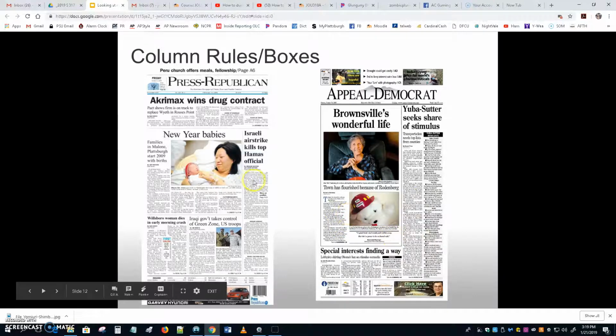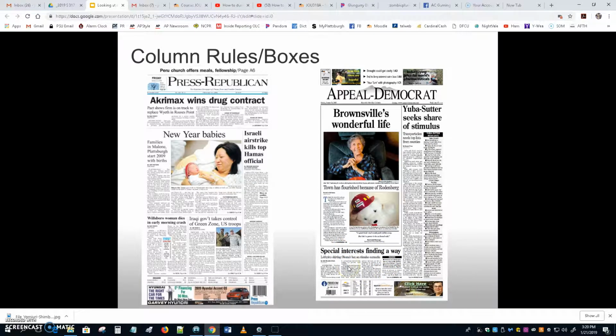In either case, we have modular units. These are rectangles that are stories or stories and photos that go together. So this is one modular unit here, another modular unit here, another modular unit, the same way this is one, and this is one, the headline story box, and this is one here too.